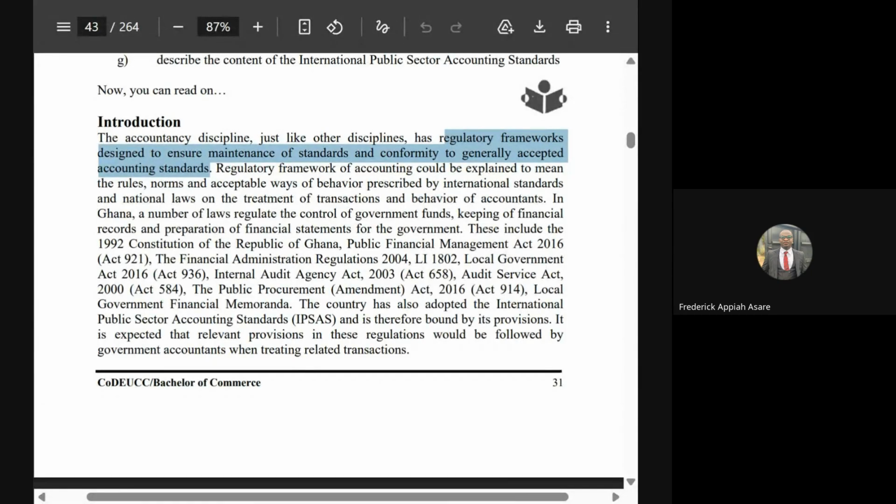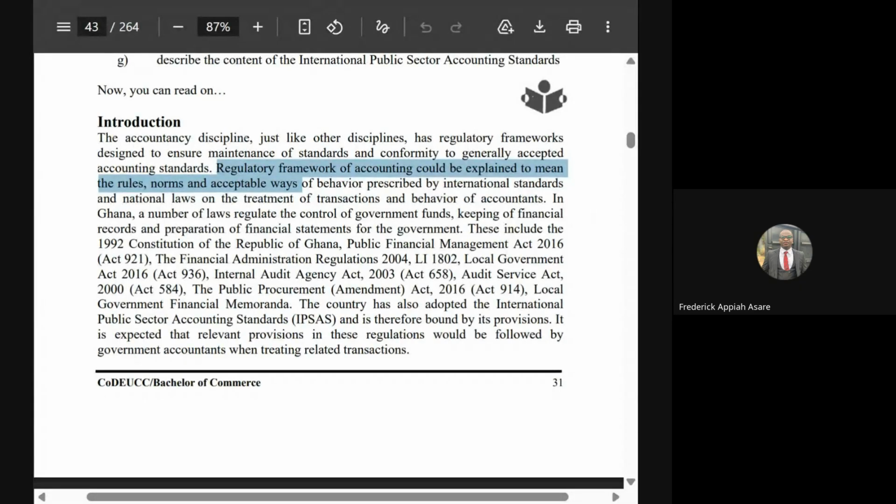They will ensure that the public sector accounting standards are practiced well, and they will also be responsible in developing the various standards, in analyzing, in reporting these public sector transactions.